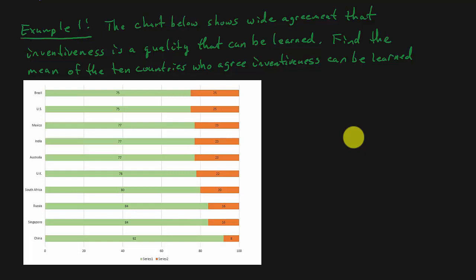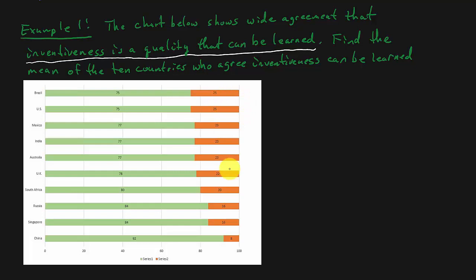I know it doesn't say what each one means, but the part shaded in green is the percentage who say inventiveness is a quality that can be learned, and the orange means inventiveness is inherited.